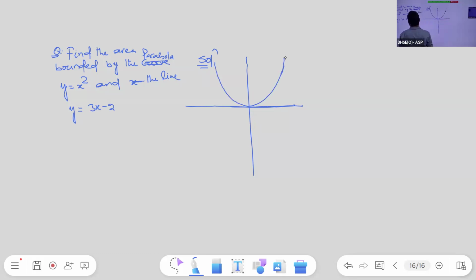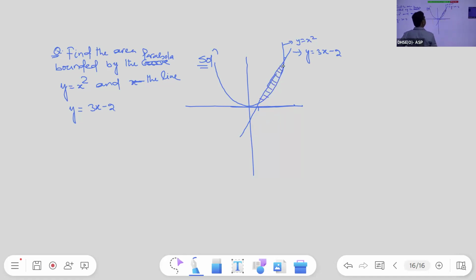And y is equal to 3x minus 2. So the x-intercept of the line is 2 by 3. The y-intercept of the line is minus 2. So the line is like this. Okay. y is equal to 3x minus 2 and this is y is equal to x square. We have to find the area of this region.